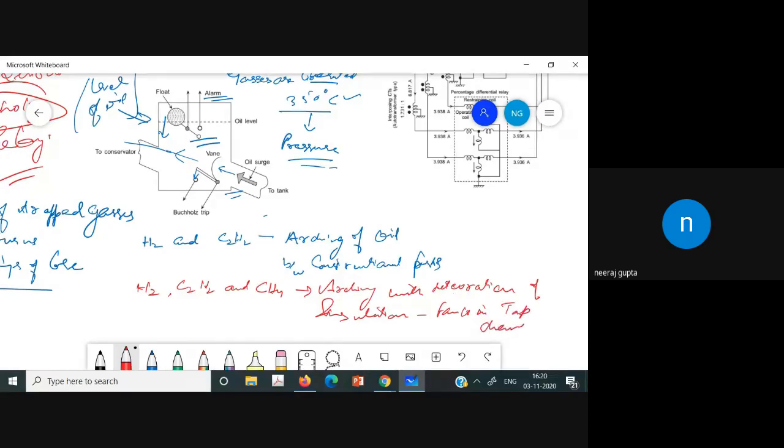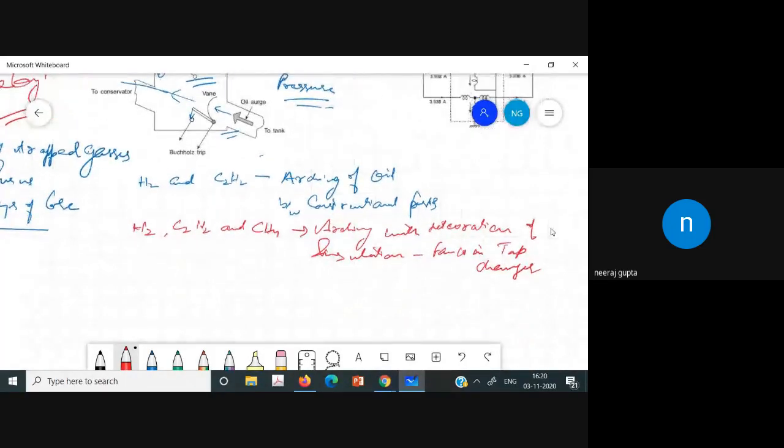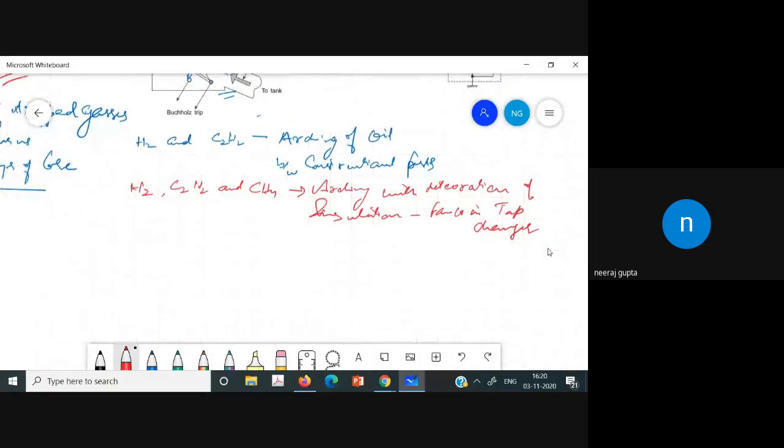Fault in tap changer. Now, if the gases are of another type, in that case it is a hot spot in the core joints.